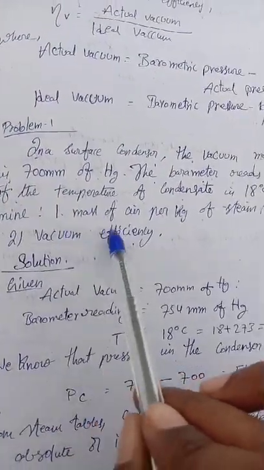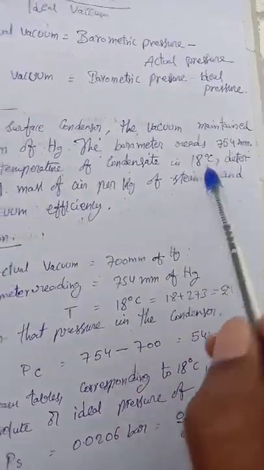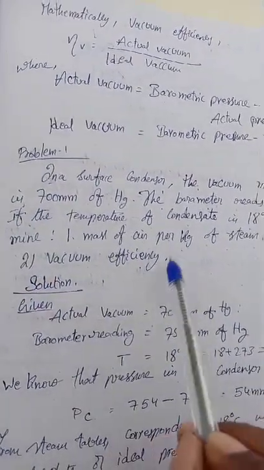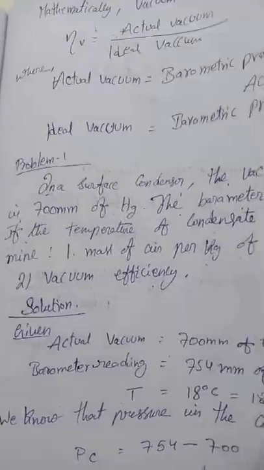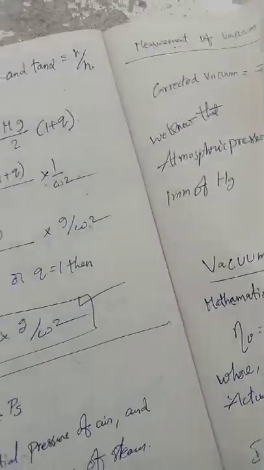Determine first the mass of air per kg of steam, and second the vacuum efficiency. This is the given problem, so now we are going to see how to solve it.